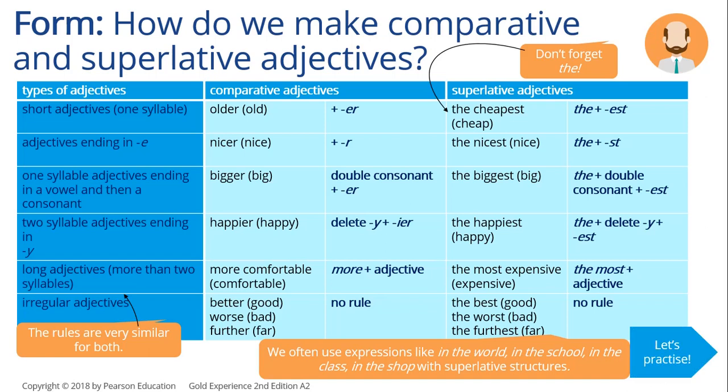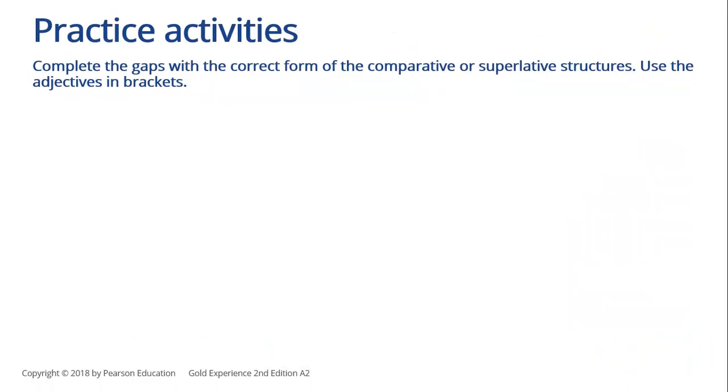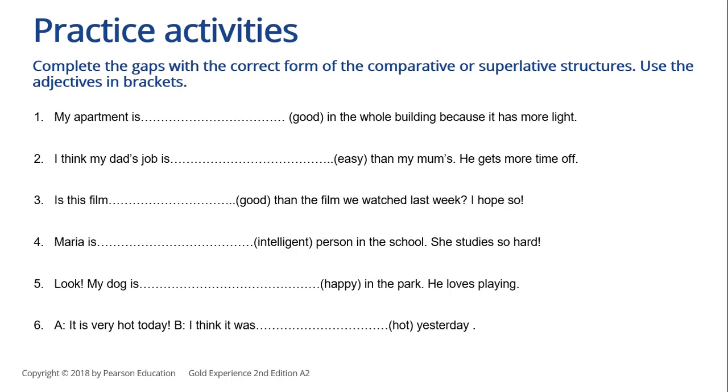It's time to practice now. So, we need to complete the gaps with the correct form of the comparative or superlative structures. Use the adjectives in brackets. Of course, we're going to do the first one together. My apartment is the best in the whole building because it has more light.